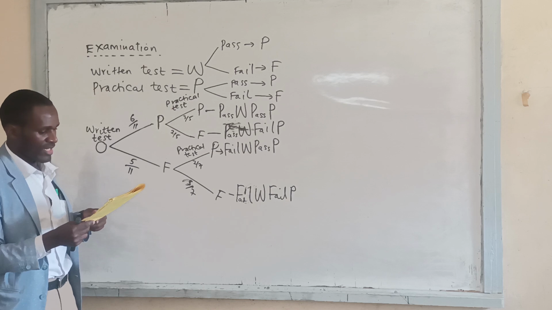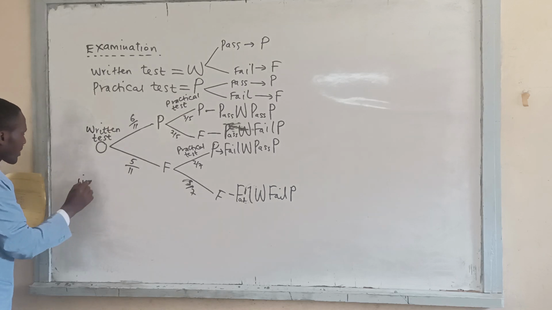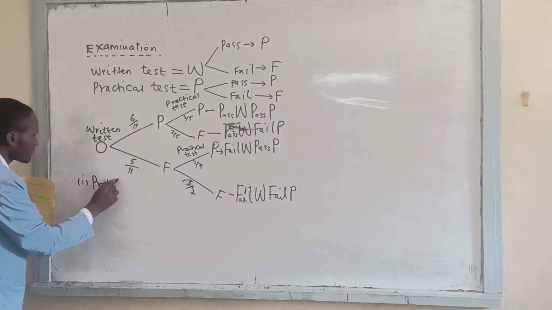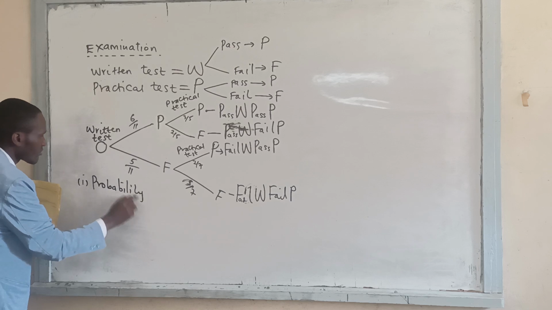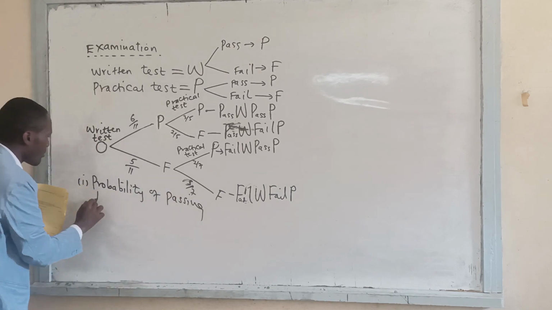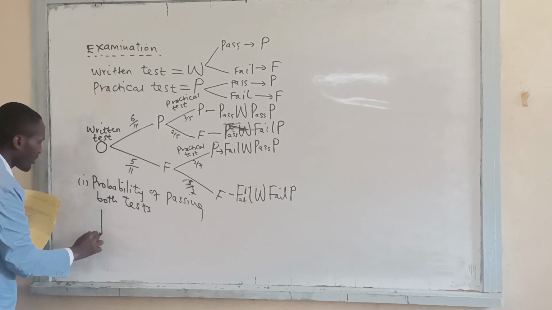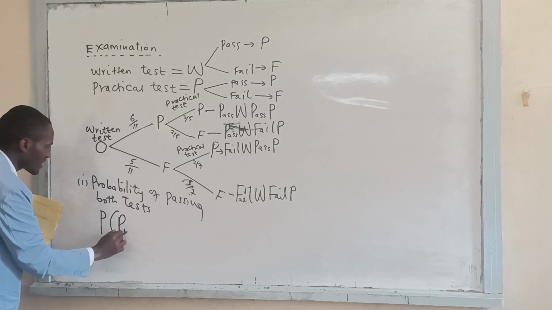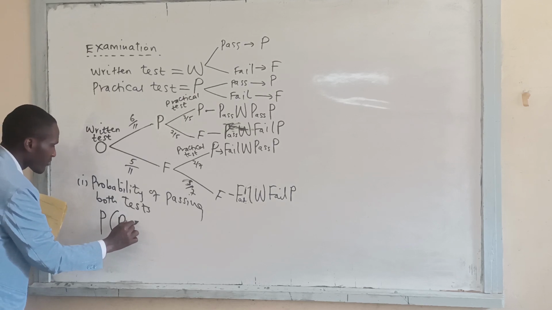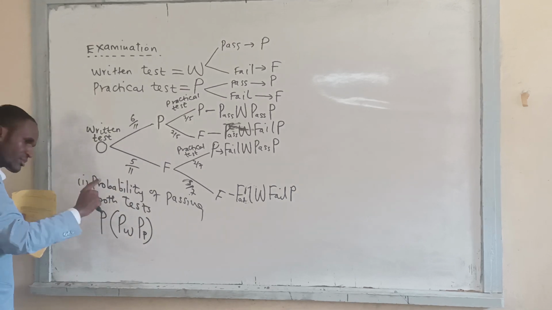The next part, determine the probability that a candidate passes both tests. So Roman 1, the probability of passing both tests will be the probability of passing the written test and passing the practical test.